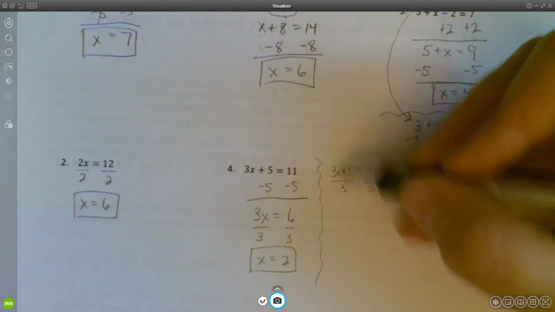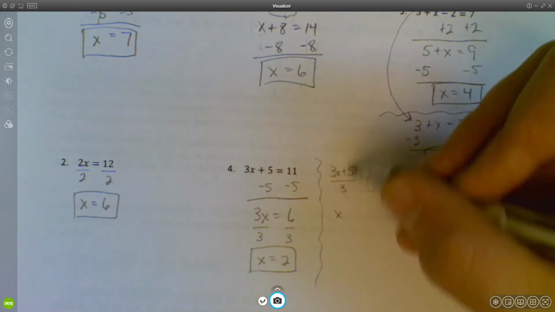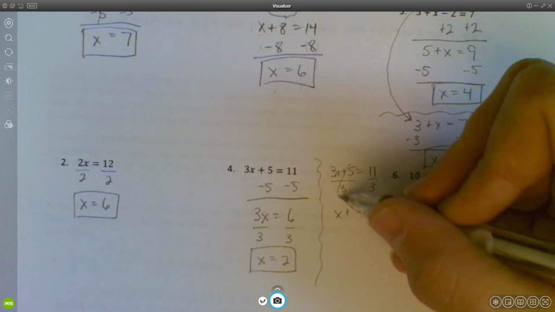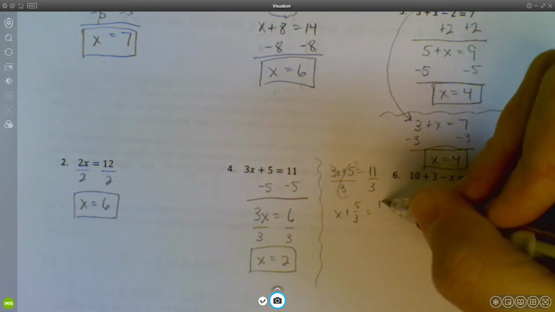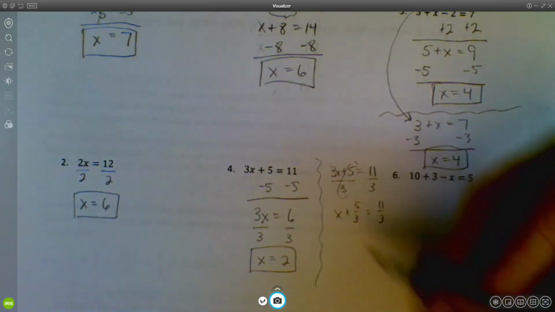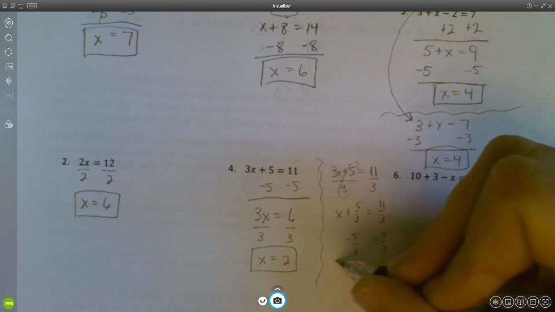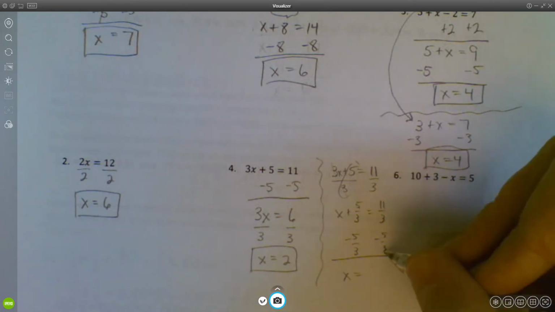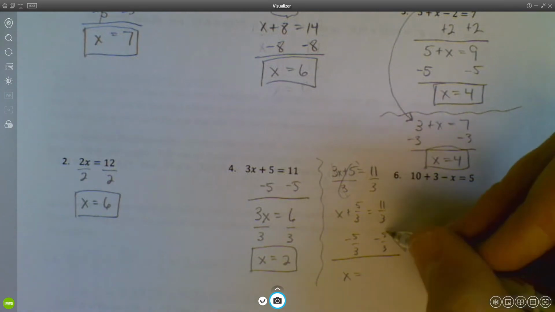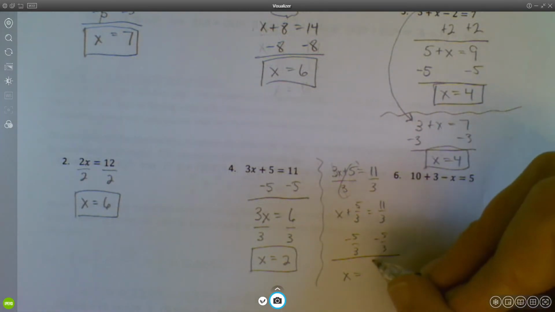When you divide by 3, you'll end up with an x plus a 5/3, right, equals 11/3. And then you could subtract that fraction, and you'd get x equals 11/3 minus 5/3. Those have a common denominator, so you can subtract the numerators like we just talked about. 11 minus 5 is 6.